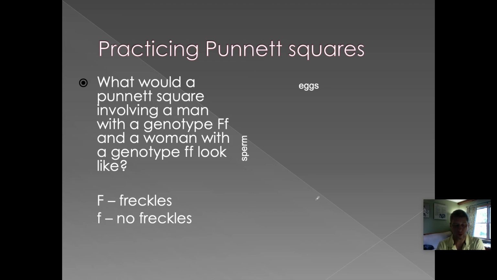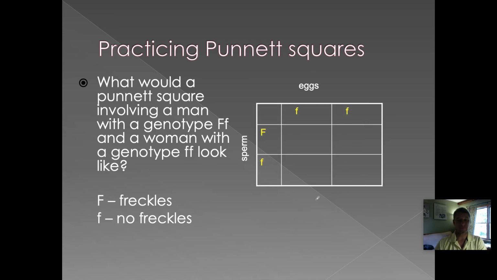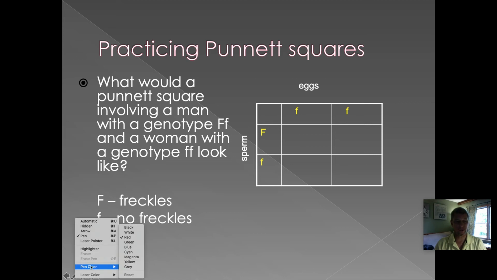He can produce one with a dominant allele and one with a recessive allele. And so we would expect that half of his sperm would contain the dominant allele, and half of his sperm would contain the recessive allele. Mom, on the other hand, can only produce eggs that have the little f, the recessive allele.